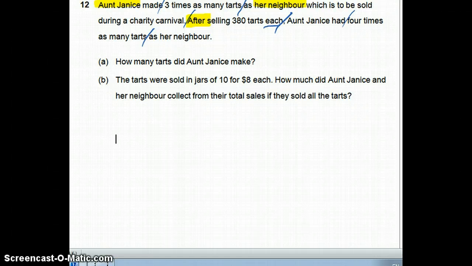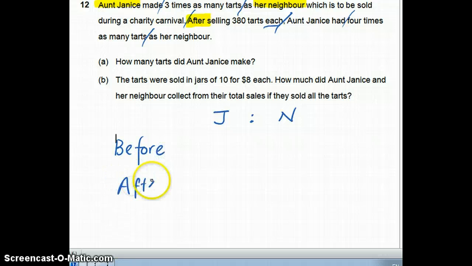I will try to restate the problem. Since there are 2 people in this story, I will compare Aunt Janice and the neighbor with 2 scenarios, before and after.